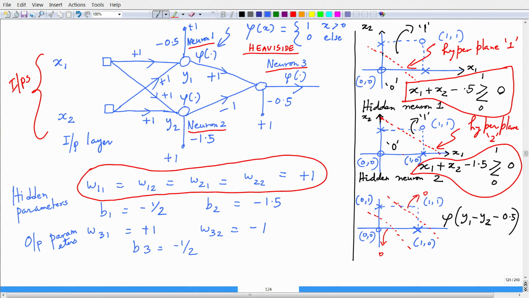So, the goal would be to start with synapses between inputs and the hidden neurons, and for the sake of simplicity we assume them to be all plus 1, and then cleverly we adjust the synaptic weights between the hidden layer and the output neuron in such a way that we can get the desired pattern separability, which is not possible otherwise by using perceptrons.